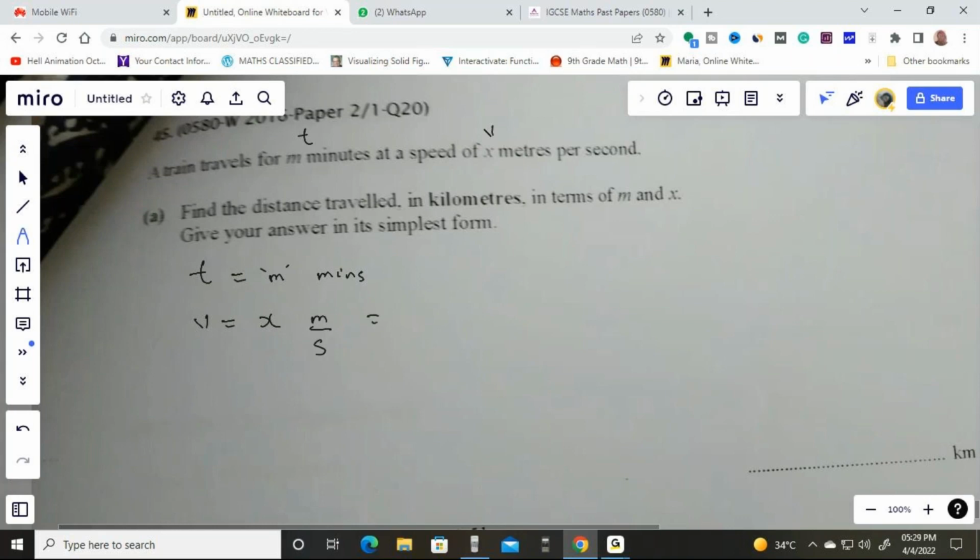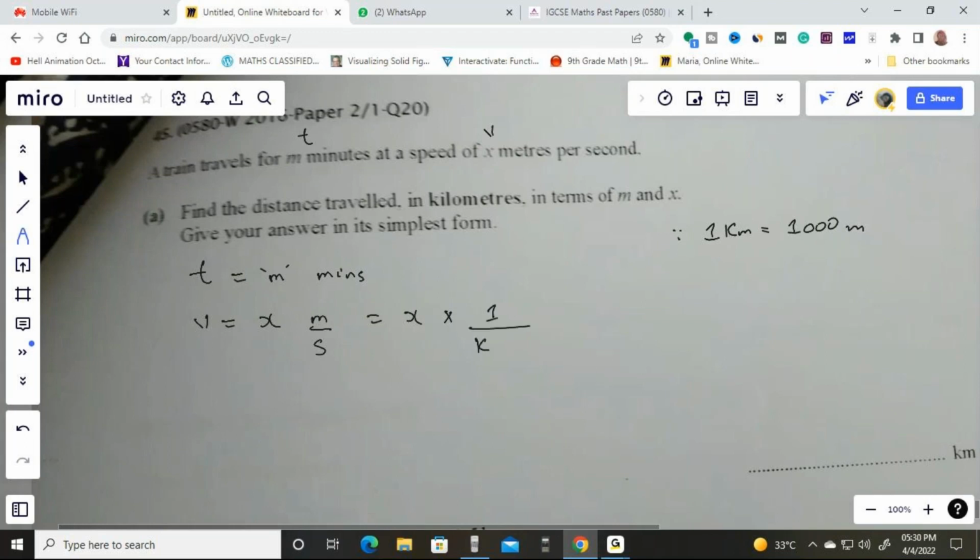And I know that 1,000 meters equals 1 kilometer. So I convert this into 1 upon 1,000 kilometers, because 1 kilometer is equal to 1,000 meters, so 1 meter is equal to 1 upon 1,000 kilometers.